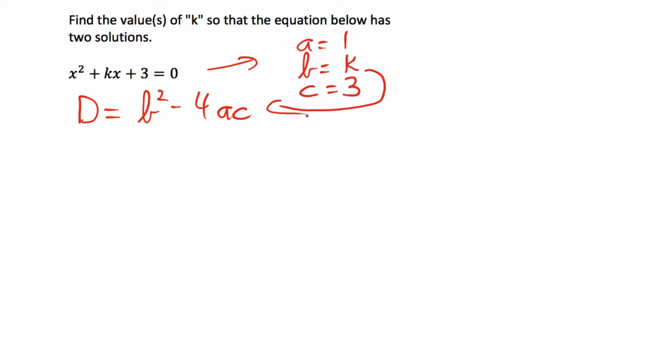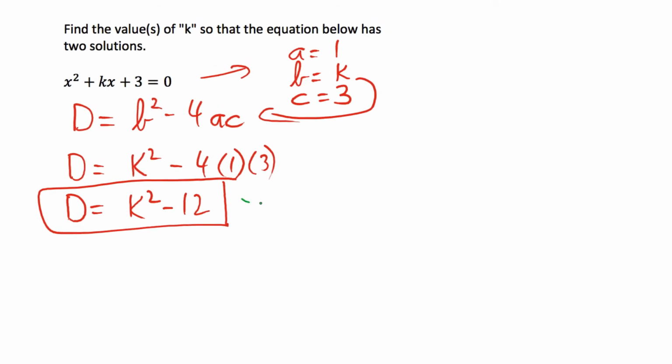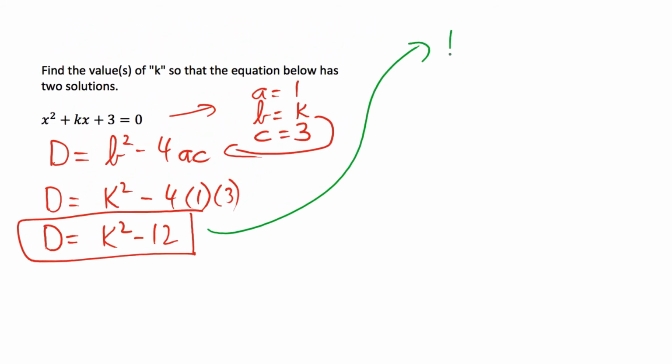So I'm going to substitute that information into my discriminant to get k squared minus 4ac, and I can see that my discriminant then is k squared minus 12. And we then know that 2 solutions will occur if the discriminant is larger than 0.